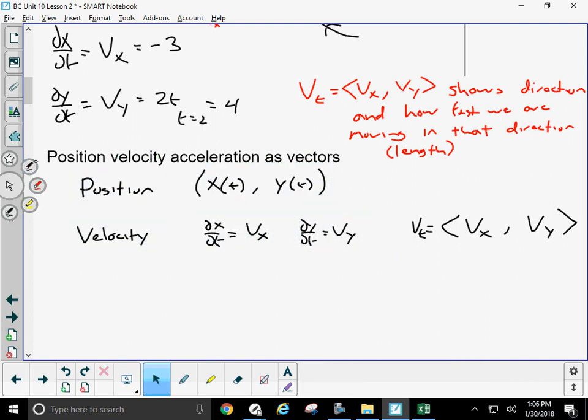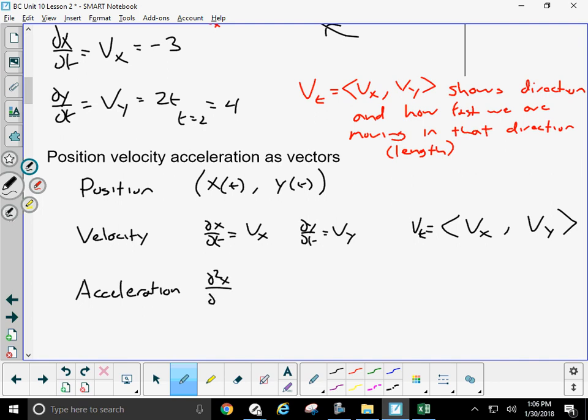Okay, and then if we take the derivative again, we'll talk about acceleration. This is not new to us. The rate of change of position gives us velocity. The rate of change of velocity gives us acceleration. This would be d squared x over dt squared. We'll call this a sub x. D squared y over dt squared, a sub y.